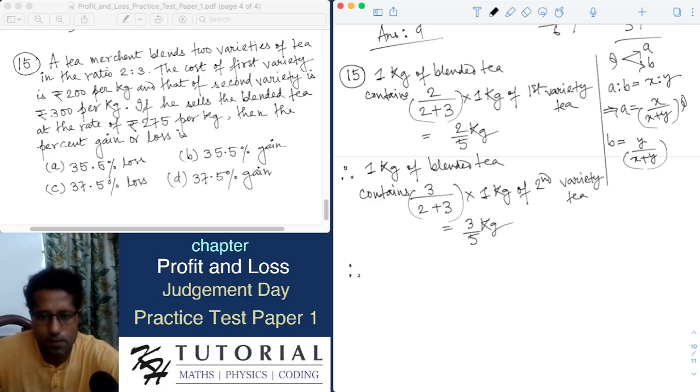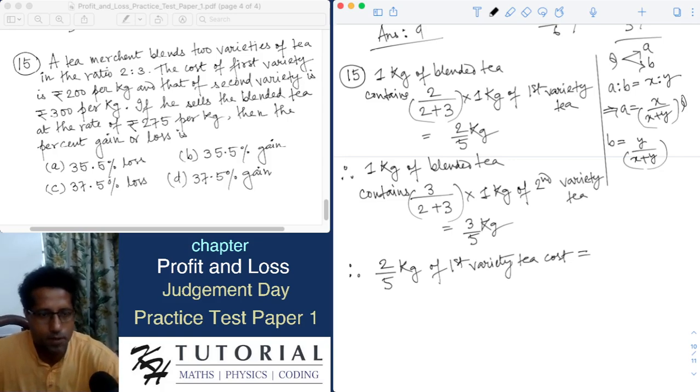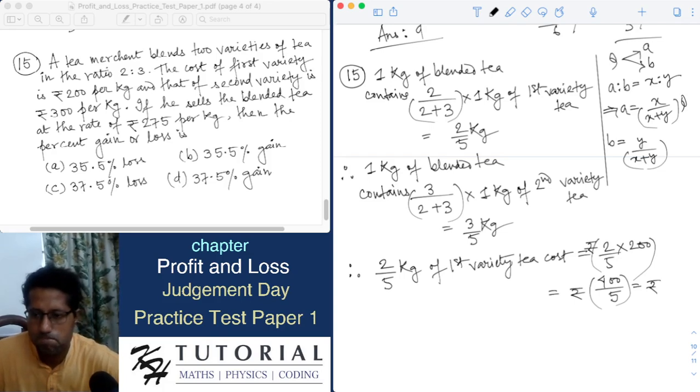Now, therefore, 2 by 5 kg of first variety tea costs, it is given that the cost of first variety of tea is 200 per kg, so this will be 2 by 5 into 200, which is 400 by 5, this is rupees 80.